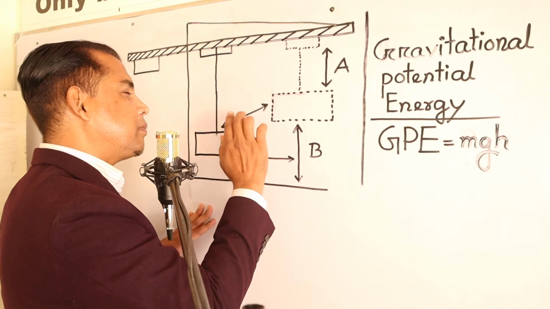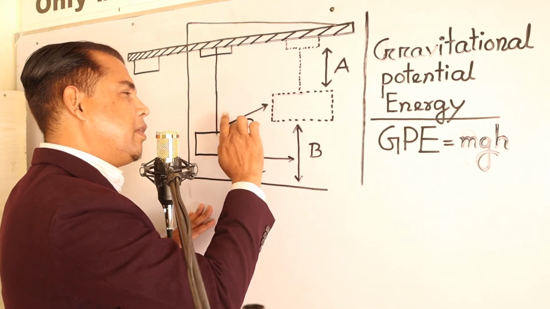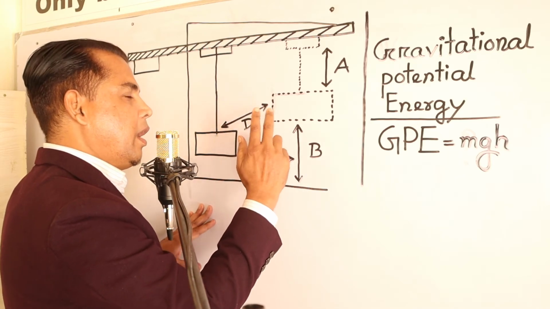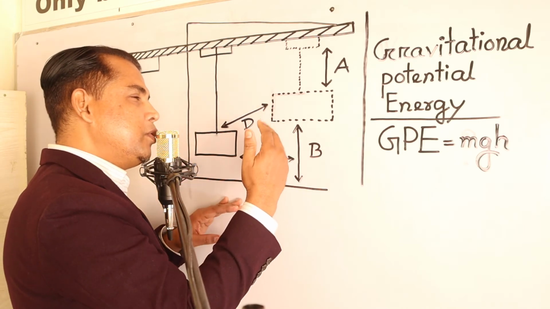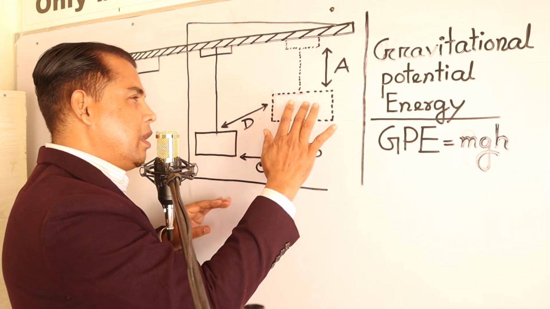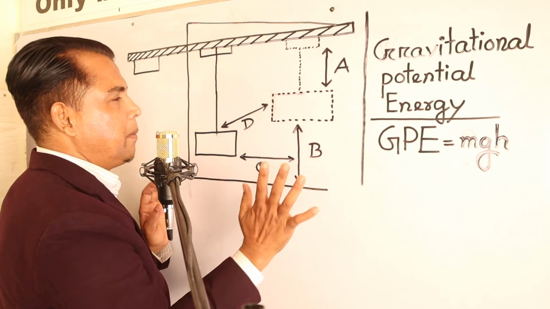Secondly, this is neither horizontal nor vertical, so this is also ignorable. In the MCQ, these two should be eliminated. Now these two might be the answer, A and B.